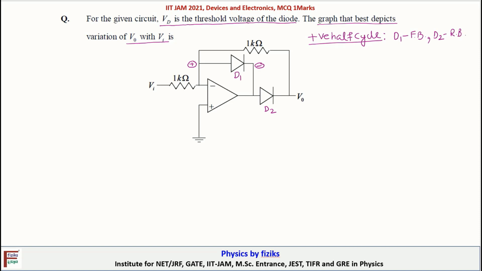So if we draw the equivalent circuit, this is minus, this is plus, this is virtually grounded. You have a resistance R here. Let's say this voltage drop is Vd, and you have to take the other diode as an open circuit.